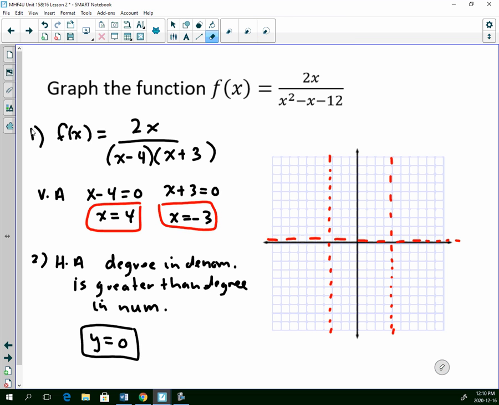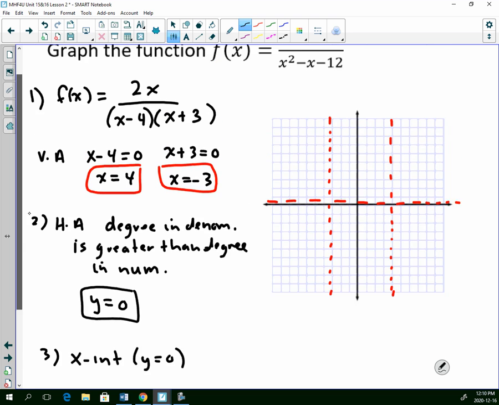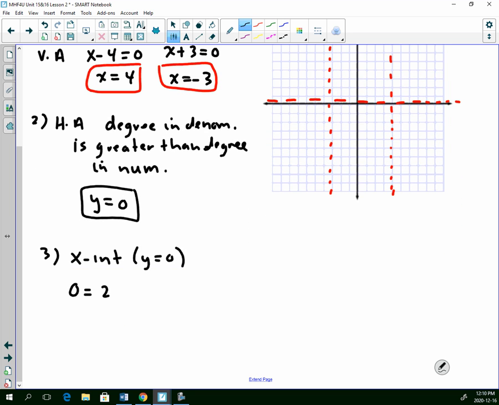Then I'm going to determine my x and y intercepts. So for my x-intercept, y is 0. So when the value of y is 0, my x-intercept will be determined by the numerator because the denominator is going to get cross-multiplied by 0. So that will eliminate the denominator. So my x-intercept's at 0, 0.